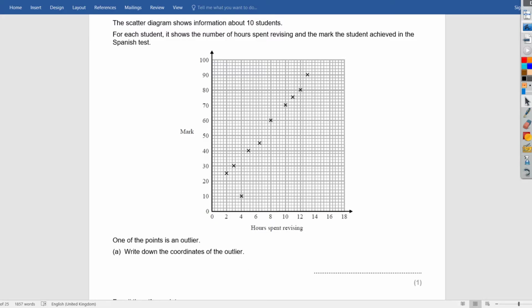Okay, one of the points is an outlier. So one of the points that does not sit along this line is this person here.